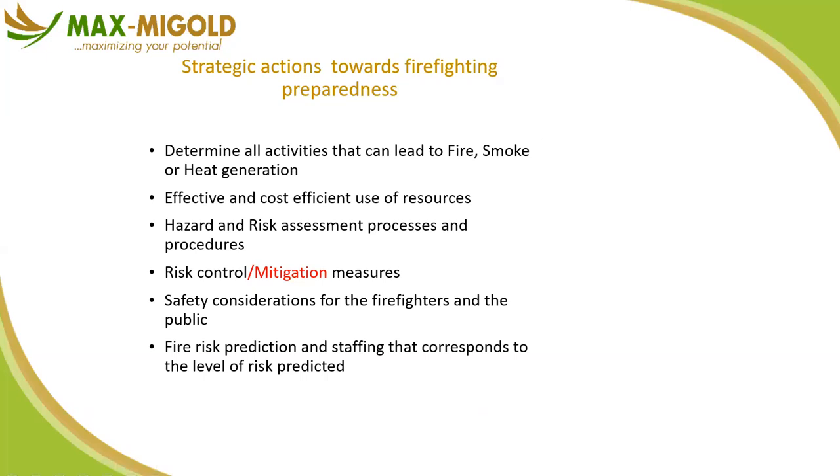And under your control measures, you factor in the safety consideration for firefighters and for the public. And from your risk assessment, you're able to predict the risks of fire and people that has been assigned under that role assignment, have been assigned to respond to the fire incidents when it happens.